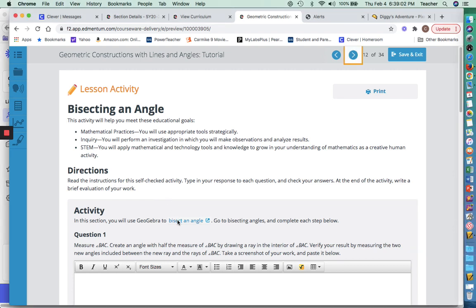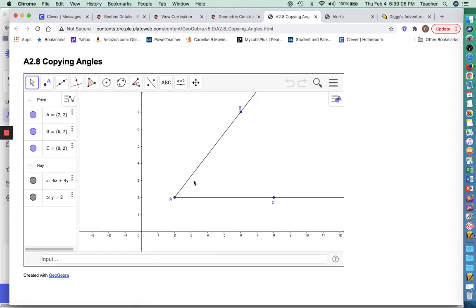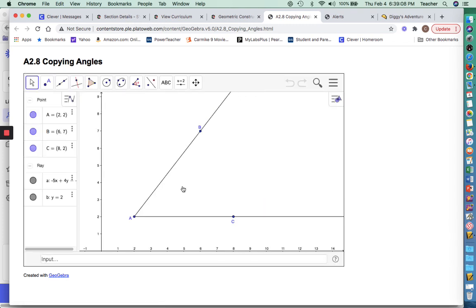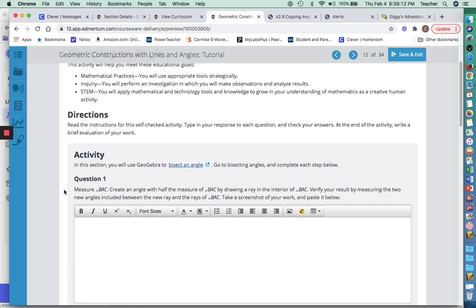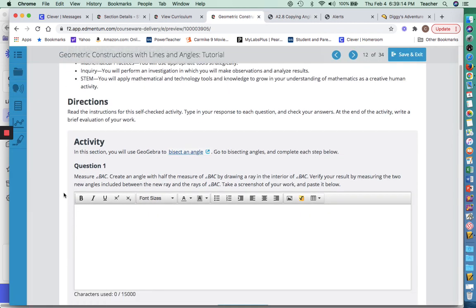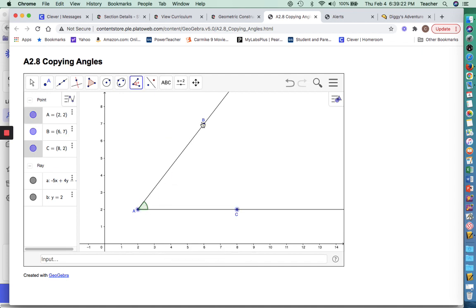All right, so let's see. Bisect an angle. Okay, it's the same angle I had just a minute ago. Go to bisecting angles. Okay, measure angle BAC. Did this just a minute ago. So click on C, A, B. There it is, 51.34.